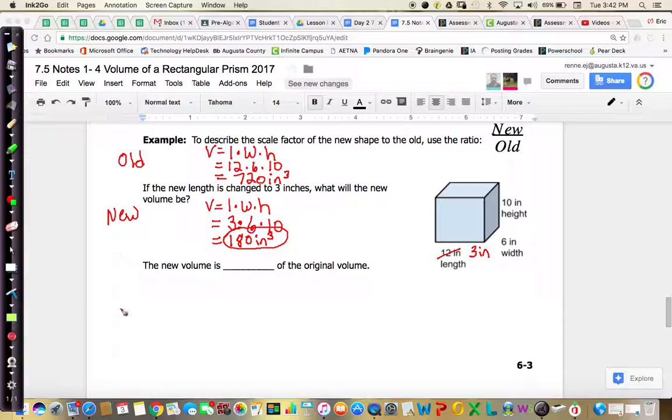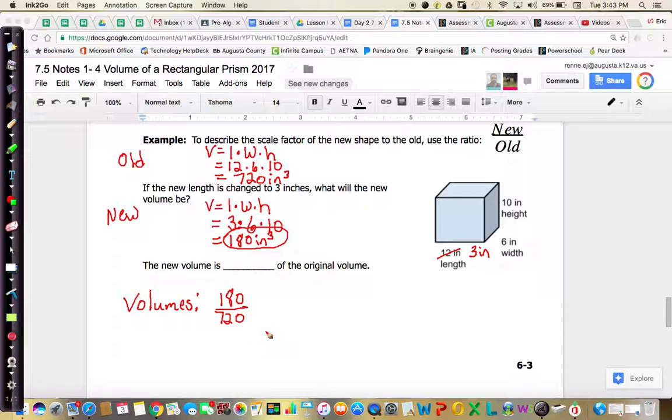Okay, so one way we can do this is by comparing the volumes. So that's what I'm going to show you here. And remember the ratio is new over old, so we can do 180 over 720. And of course, we need to simplify this to figure out what the scale factor is going to actually be. We can't say 180 over 720 because that can be simplified. And an easy way to simplify this is, well, they both end in 0, so I could do 10.